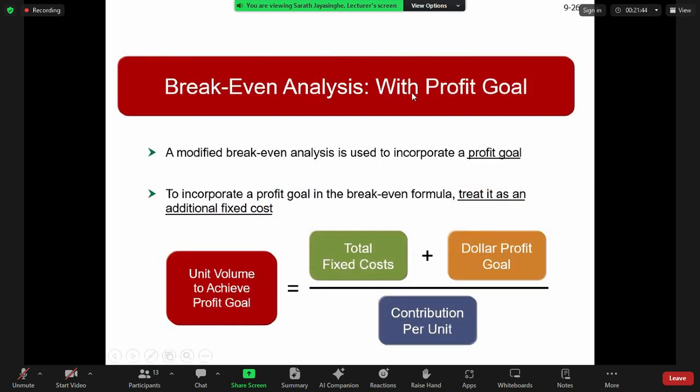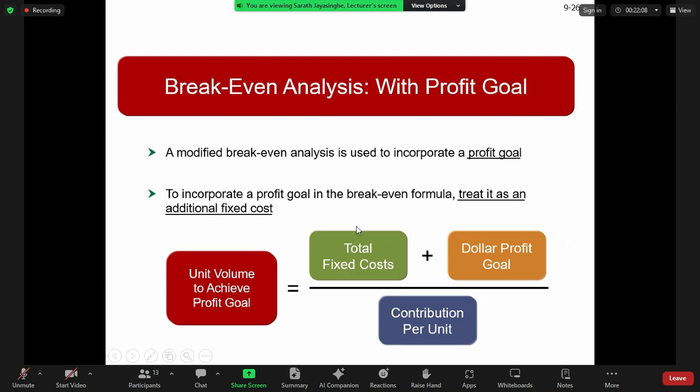Then also you can think about break-even analysis and you can apply it to change the prices. For example, getting a profit goal, right? A modified break-even analysis is used to incorporate the profit goal. To incorporate the profit goal in the break-even value, treat it as an additional fixed cost.